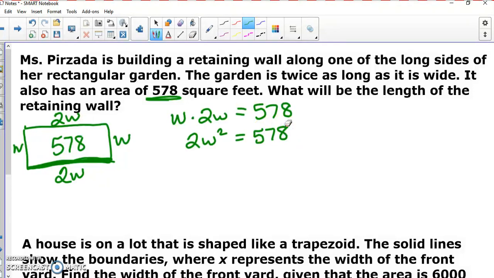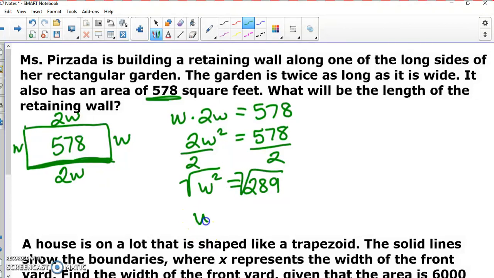So then we can go ahead and solve for W from there. So I'm going to divide by 2, and so after I take 578 divided by 2, I'm going to get 289. So I'm going to have W squared equals 289, and then I just need to take the square root of both sides. So I'm going to get W equals plus or minus 17.